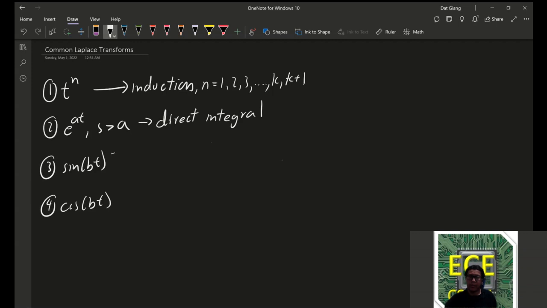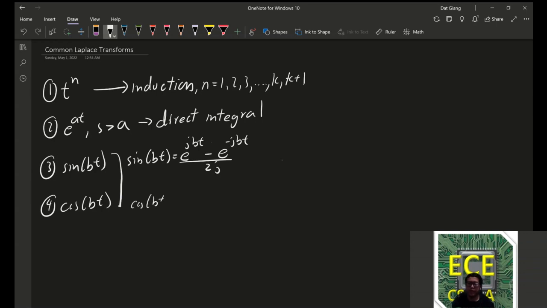For these two, there are two ways for us to go about it. We can do integration by parts, which is rather tedious and mathematical, or we can use the following properties. Sine of bt is just e to the j bt minus e to the negative jbt divided by 2j.